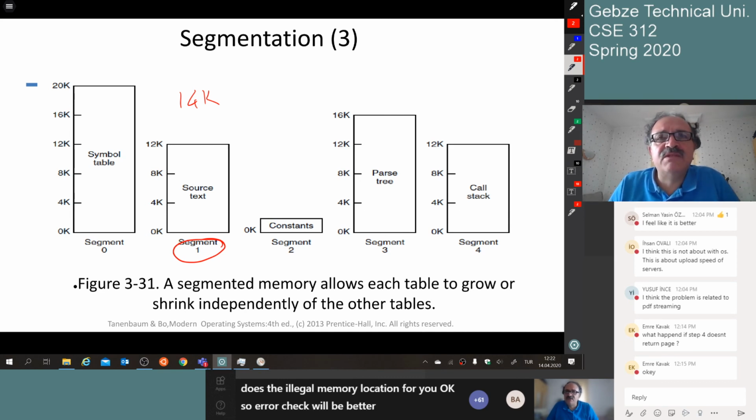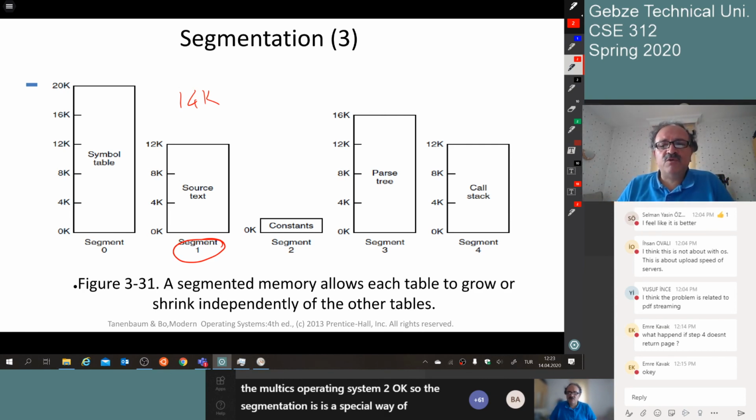So the idea of segmentation was available in the 1960s. Like everything else, it started with the Multics operating system. Paging has its roots with the Multics operating system too. So segmentation is a special way of handling virtual memory.